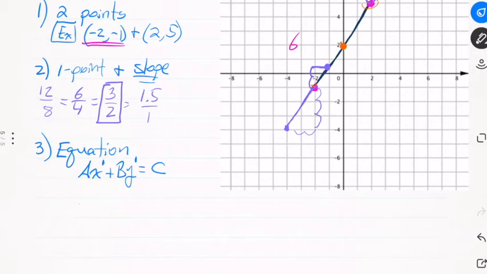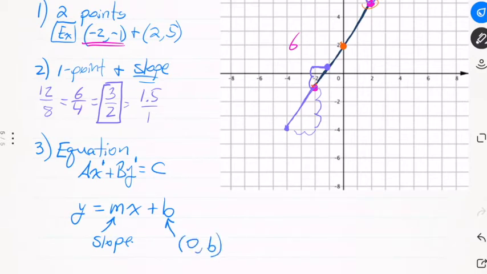Now the formula that we're going to be using for the most part is y equals mx plus b, and the cool thing about y equals mx plus b is m represents the slope, and b is the one point that we're going to graph, kind of like definition number 2 here, and the point is the y-intercept. Remember, y-intercept, x is equal to 0. So these are the 3 ways to define a graph.